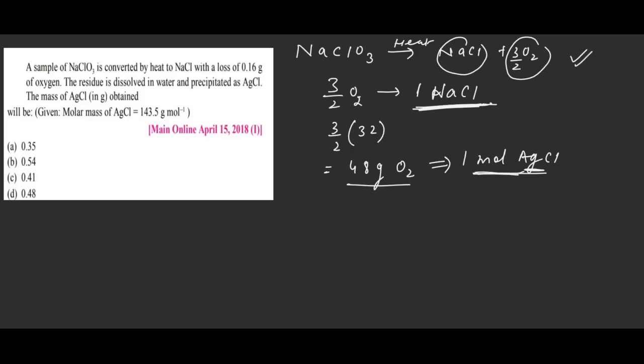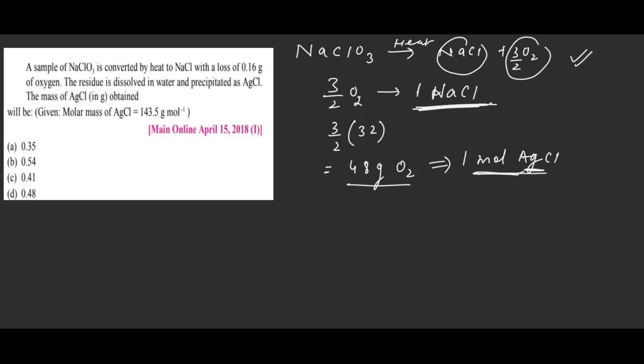Now, in the question it is given that when NaClO3 is heated, it is losing oxygen of mass 0.16 gram. That means as per the given information, the oxygen which is formed is 0.16 grams.